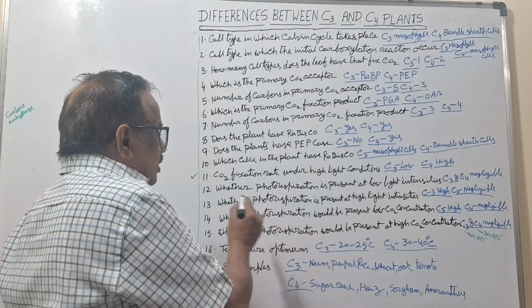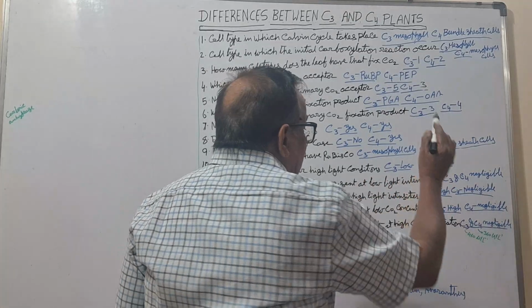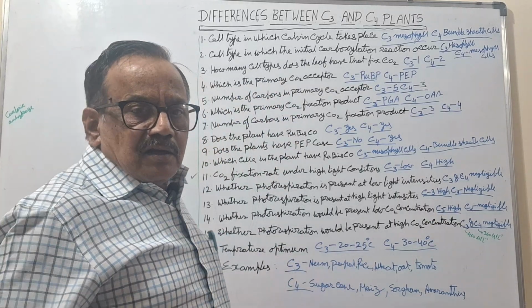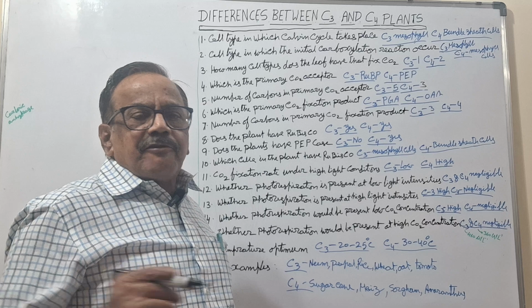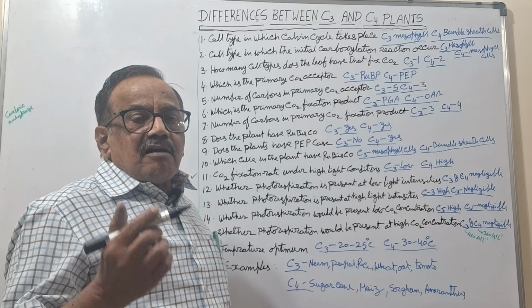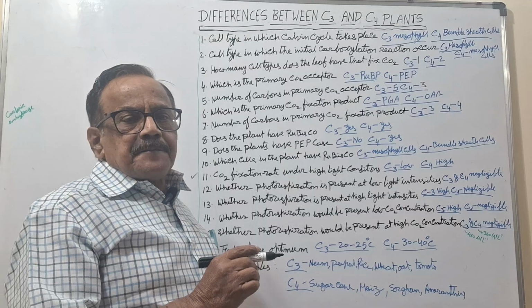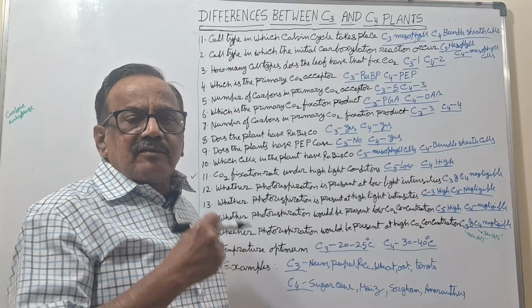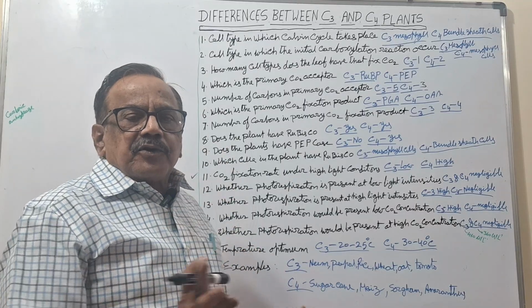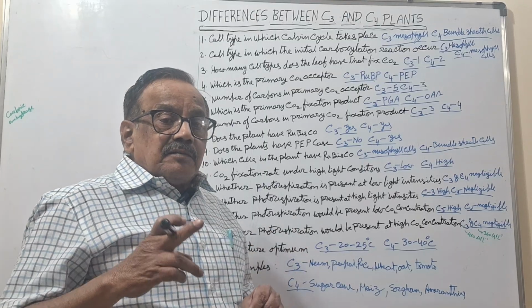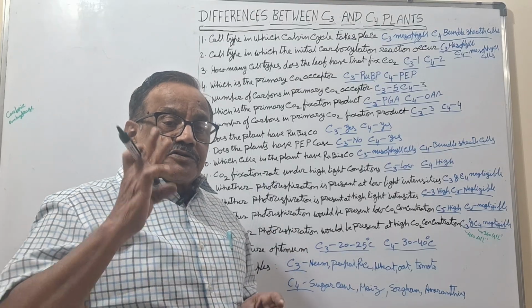And one more thing: C4 plants have high productivity, but C3 plants will be affected because more oxygen will be taken up by the RuBisCO enzyme, and photorespiration will take place. But in C4 plants, carbon dioxide fixation takes place in two places.